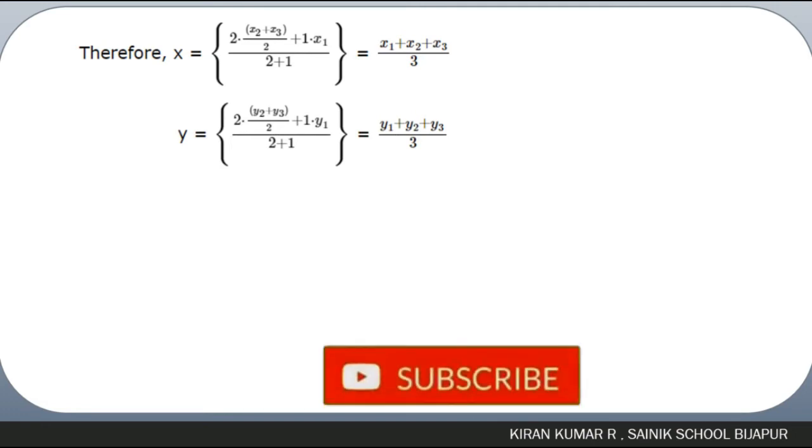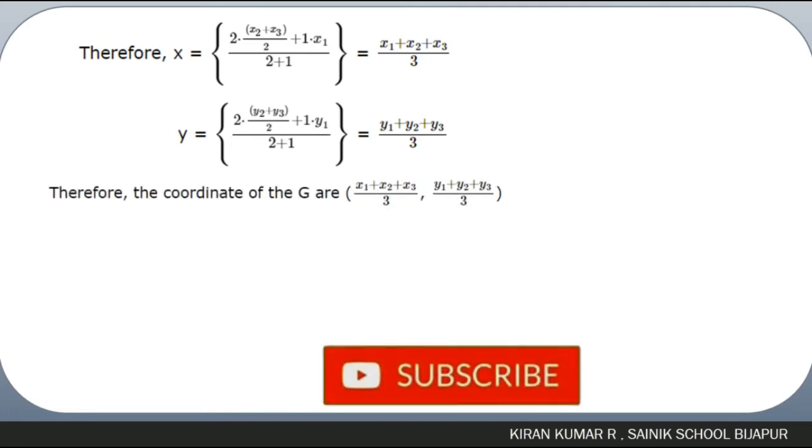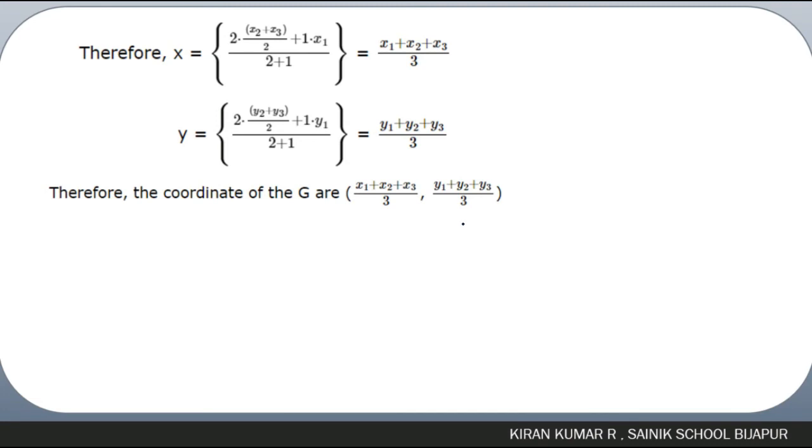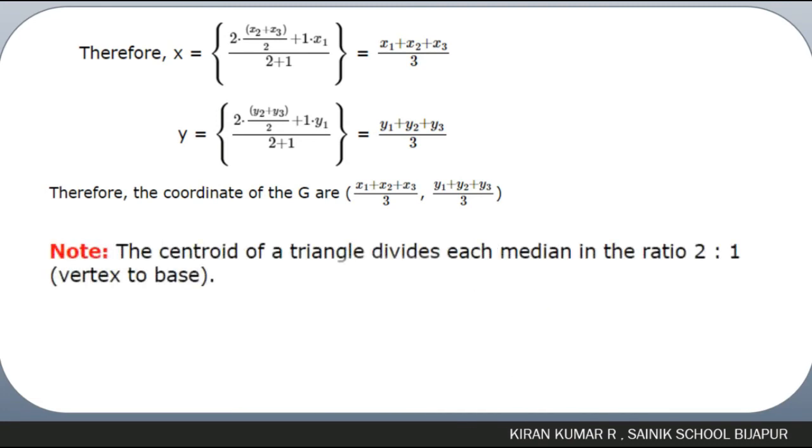Therefore, the coordinates of the centroid will be x1 plus x2 plus x3 by 3, y1 plus y2 plus y3 by 3. Very important thing is you need to note that centroid will divide the median in the ratio 2:1.